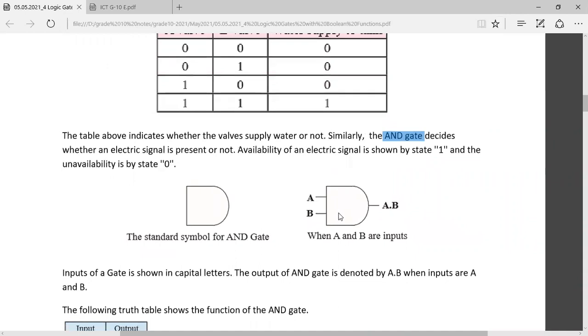which gate do we use? The AND gate: if and only if both input signals are satisfied, it will produce an output.